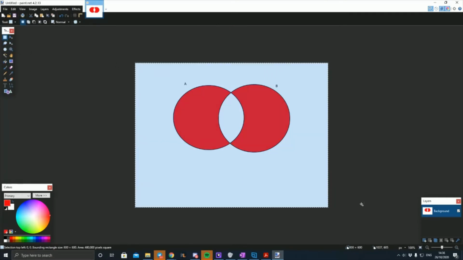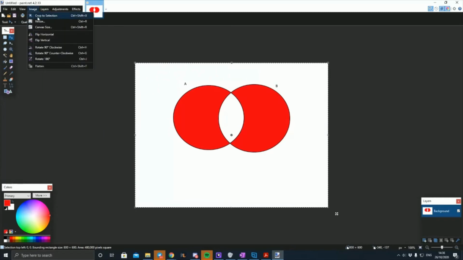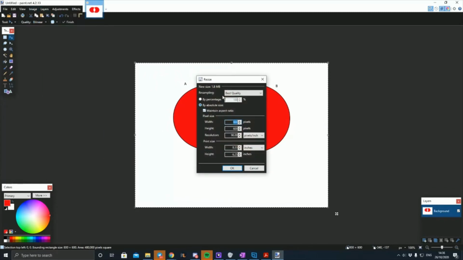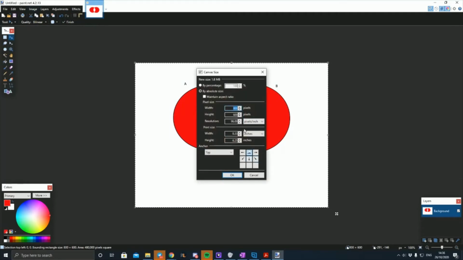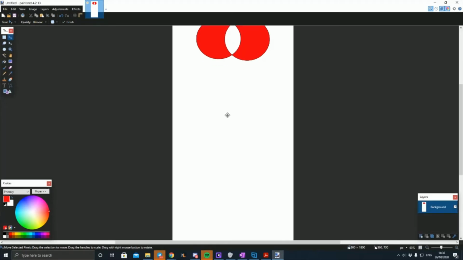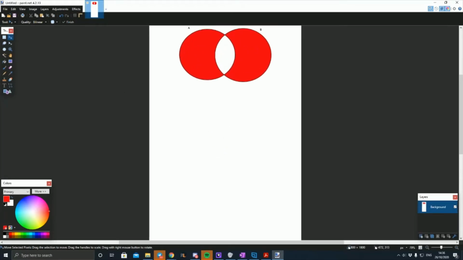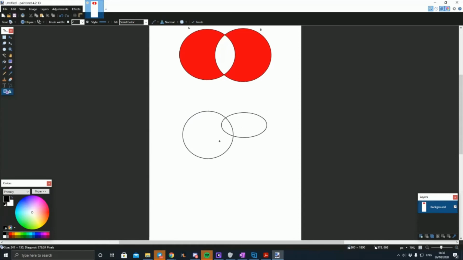And let me just go to image, resize or canvas size, and make the height like 18,000 pixels. Back to normal. I make a lot of memes in Paint.net, so I at least know my way around it a bit.